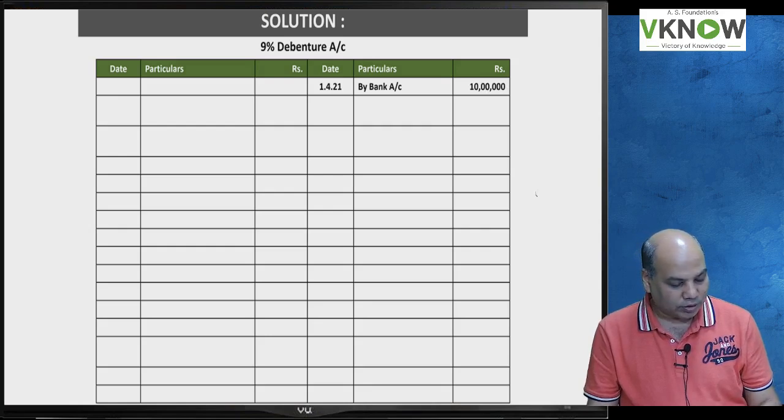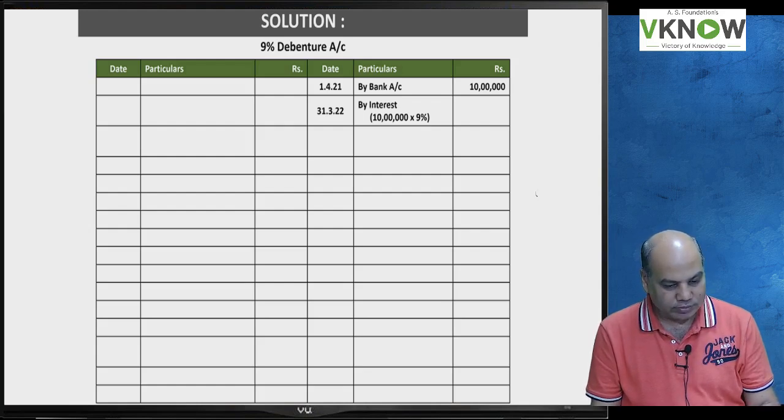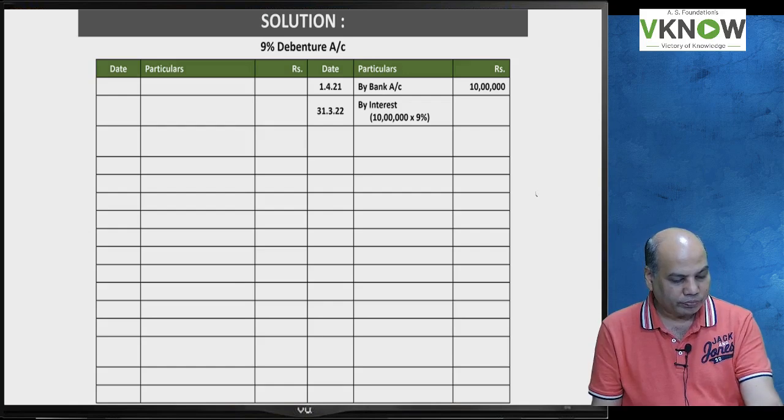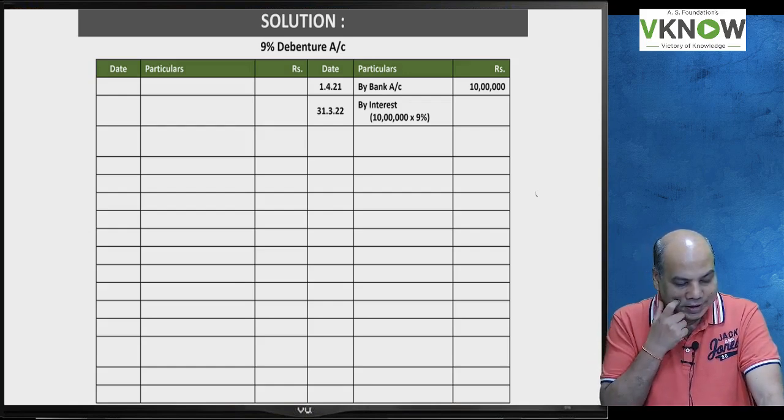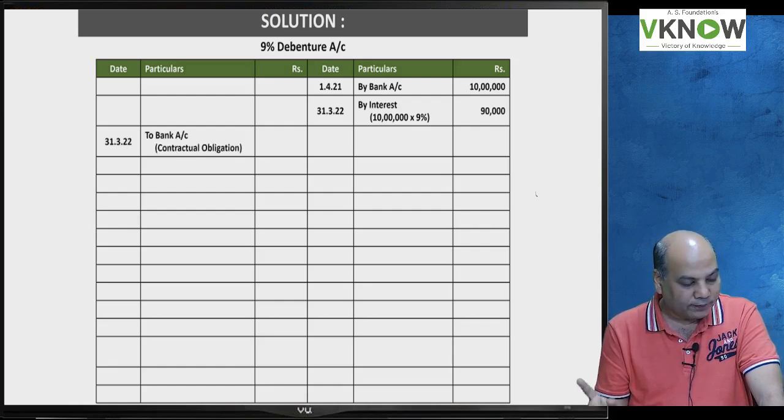So what is my accounting? Enjoy. This is like your intermediate debenture accounting, by bank account, or your foundation course wherever you have studied. 1st April 2021, by bank account, write down 10 lakh. 31st March 2022, first you will create interest accrued liability. 31st March 22, credit side, by interest 9% of 10 lakh, 90,000, and then you make the first contractual payment, that is the obligation to pay 90,000 rupees at the end of year 1 to bank.